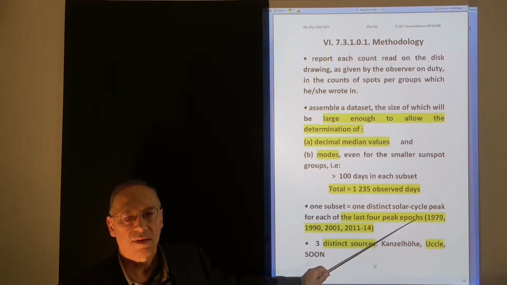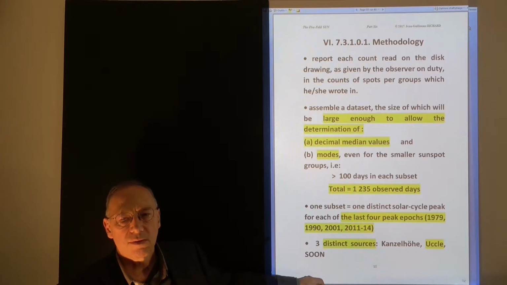So we will have each of the last 4 peak epochs for these last 4 cycles. And we also want to have distinct sources. So we have 3 distinct sources: Cancelheux Observatory in Austria, the Royal Observatory of Belgium Uccle Solar Station, and the Sun array of solar stations of the US Air Force.